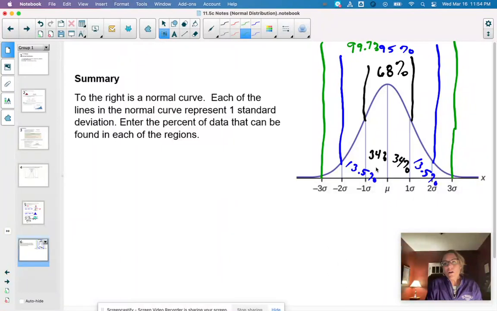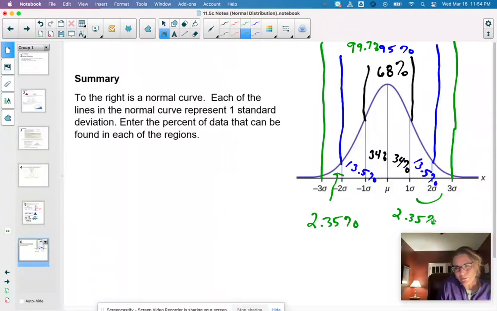So adding up all of these together, including the little part in the green, this little part right here is going to be 2.35%, and the part right there is going to be 2.35%. Right there. And if we add up 2.35 plus 13.5 plus 34 plus 34 plus 13.5 plus 2.35, we will get the 99.7%.